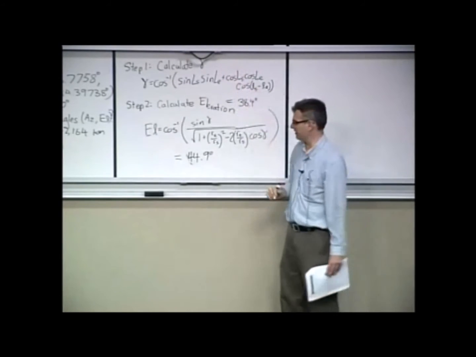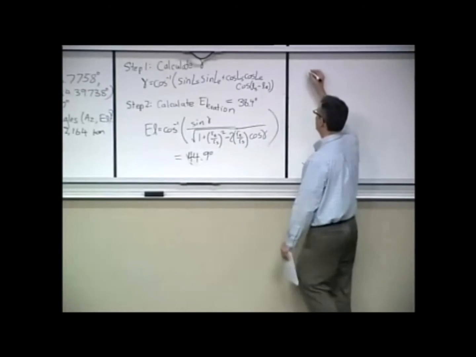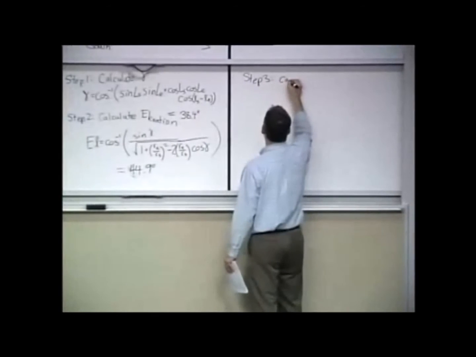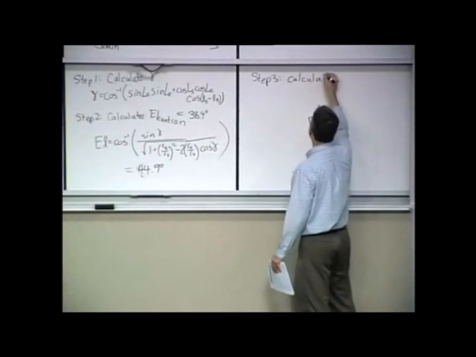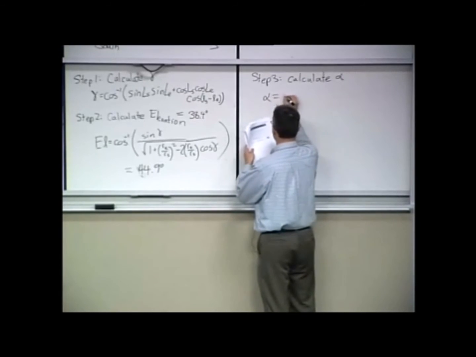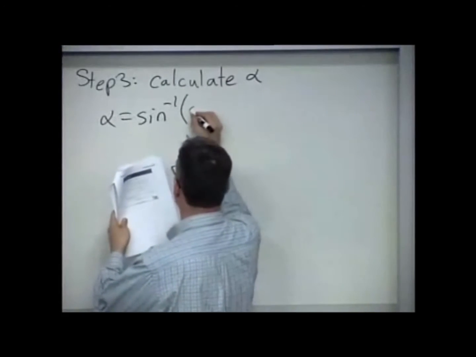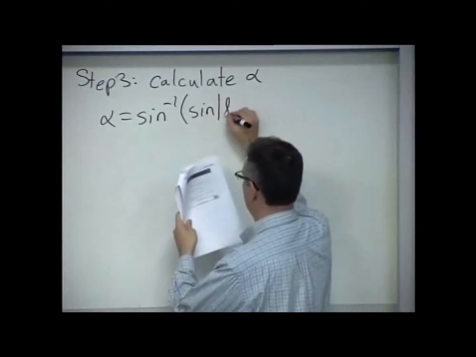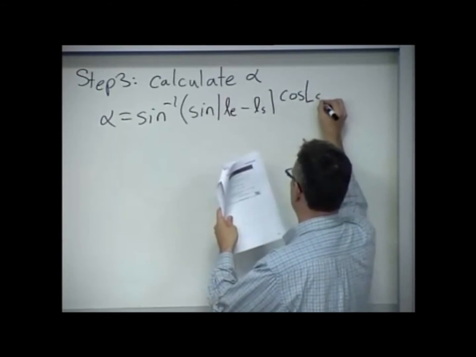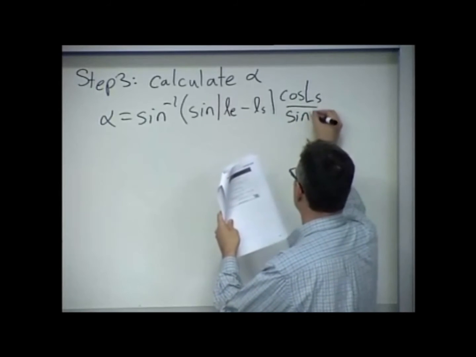Now I just got to calculate azimuth. So let's go ahead. Step 3. First I have to calculate the helper variable alpha. What formula do I use? Alpha equals arc sine of the absolute value of LE minus LS, cosine capital LS over sine gamma.